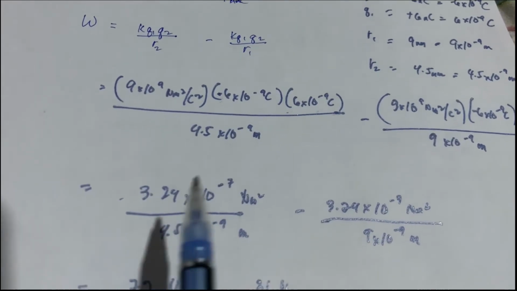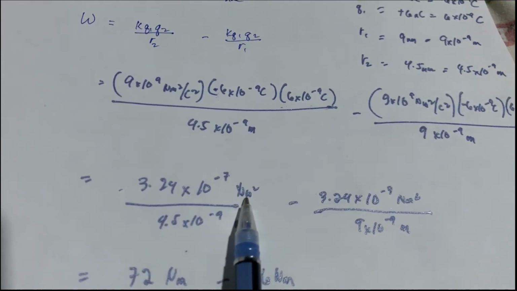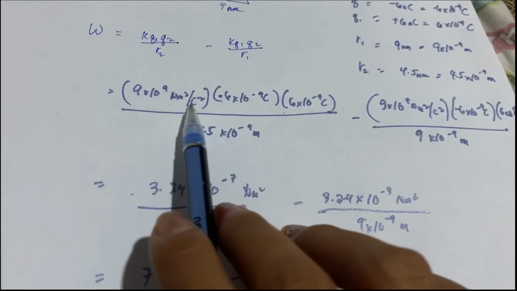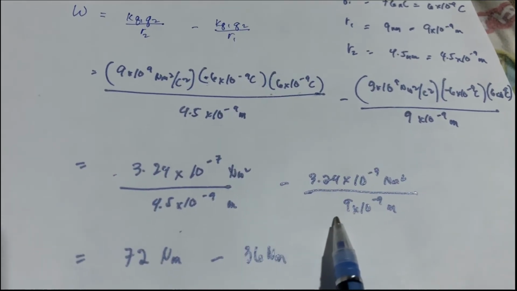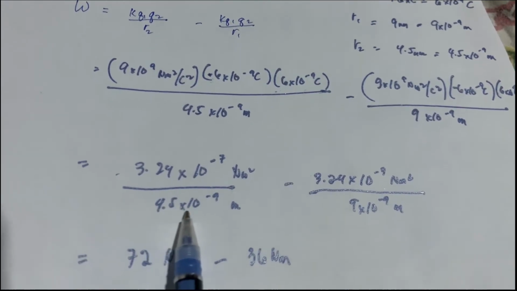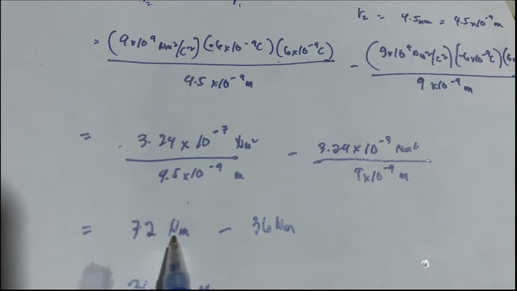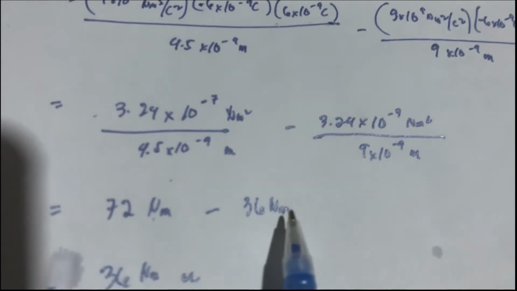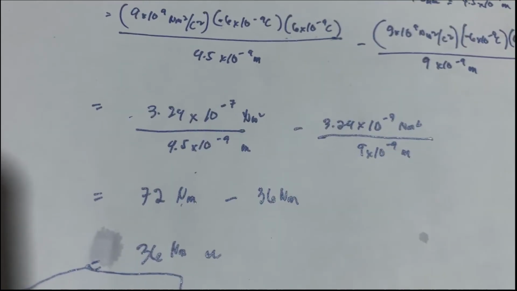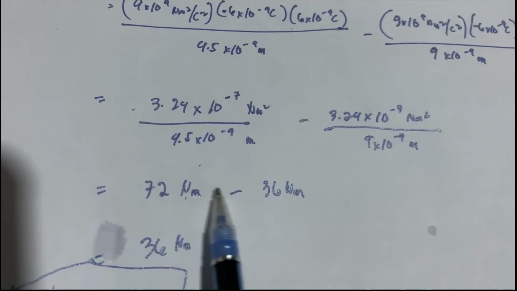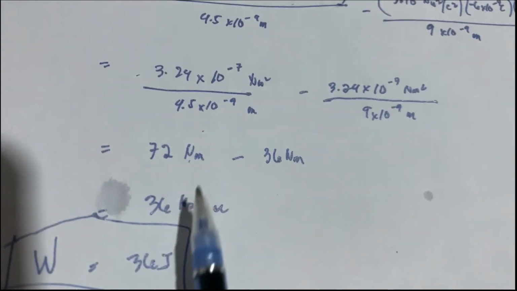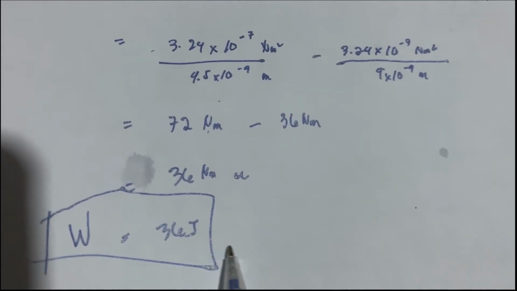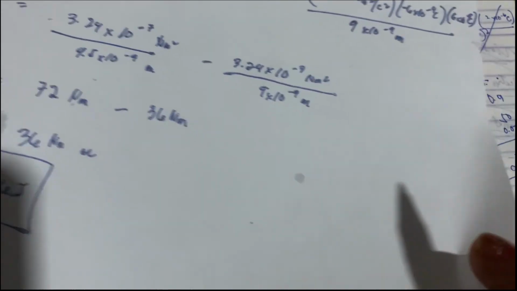This is 3.24 times 10 to the negative 7 Newton meter square. Okay, because the coulomb is canceled here. And then divided by 4.5, that's 72 Newton meter. Then on the other side, 36 Newton meter. So, the answer here, 72 minus 36 Newton meter is 36 Newton meter or 36 joule, J.